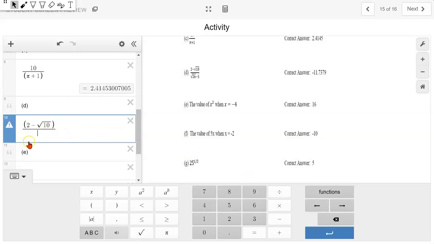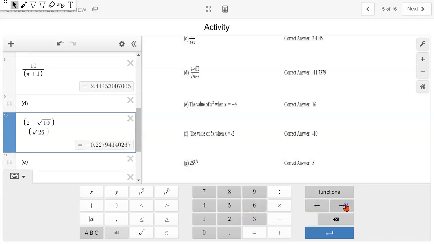So you see, everything is divided by that. Square root of 26 minus 5. So you can use open parenthesis, square root of 26, and then outside the square root, arrow to the right, minus 5. See, automatically there is a close parenthesis, and we got the correct answer.